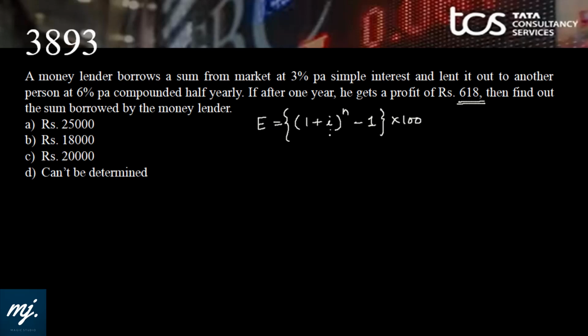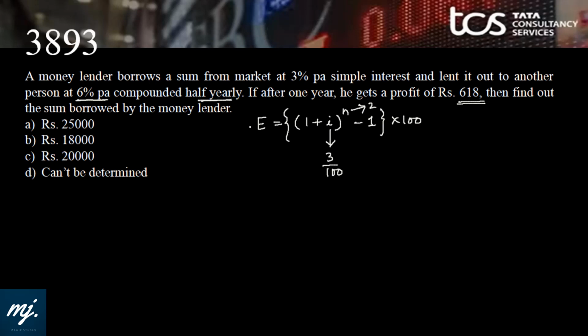Now, what is this i in this case? i is the compounding rate. Compounding rate is 6% per annum, but compounded half yearly. That means i is 3%, 6 by 2. And n means how many times it is compounded in a year. So it is compounded half yearly. That means in a year it is compounded twice.